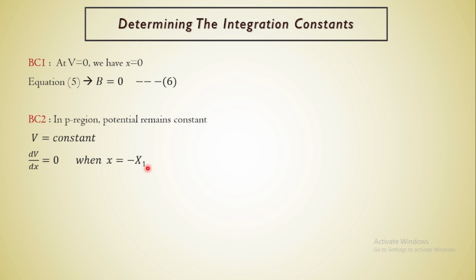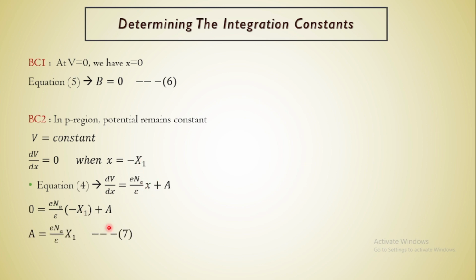Now substituting the values in equation number 4, we get dv by dx is equal to ENA by epsilon into x plus a, because here we have found the value of b and now we are going to find the value of a. Substituting dv by dx equal to 0 when x is equal to minus x1, we get a is equal to ENA x1 divided by epsilon, because when this negative sign is taken to the LHS, it becomes positive.